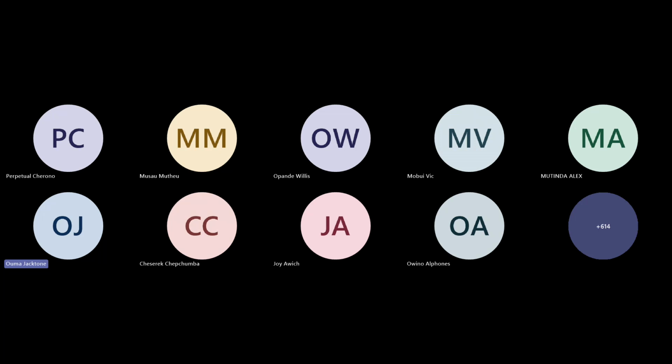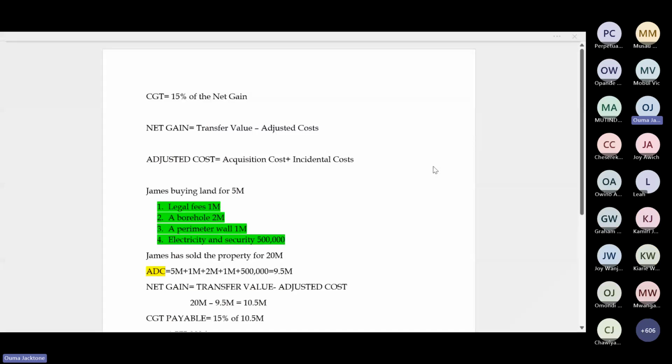Guys, also as we go into the exam, please make sure you also look at some of the exemptions of CGT and stamp duty as well. When are you not supposed to charge CGT? When are you not supposed to charge the stamp duty? So this is the formula of calculating the CGT, which is normally 15% of the net gain.